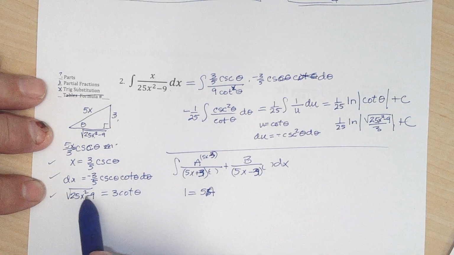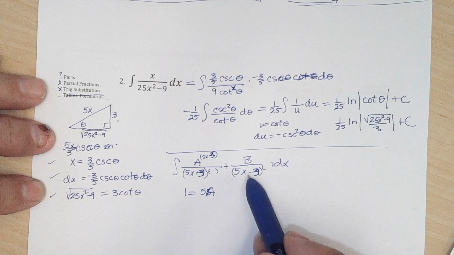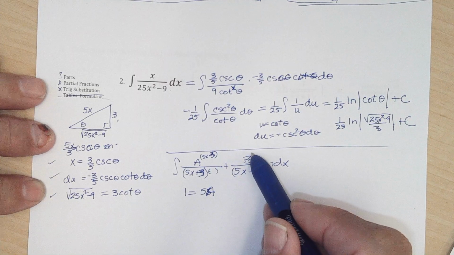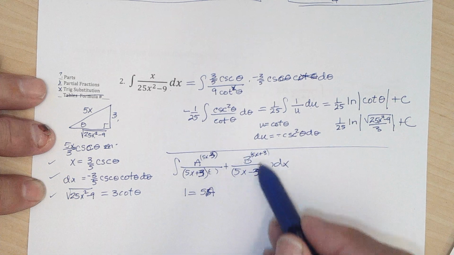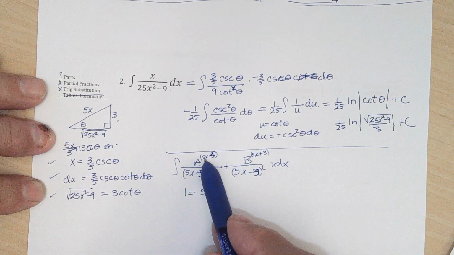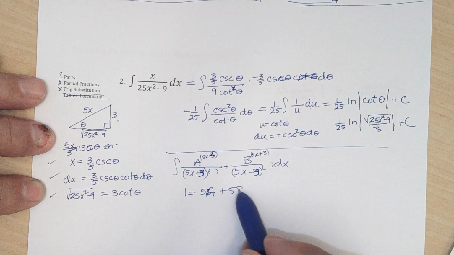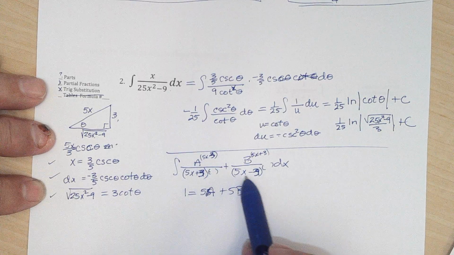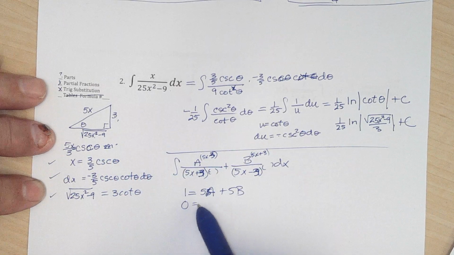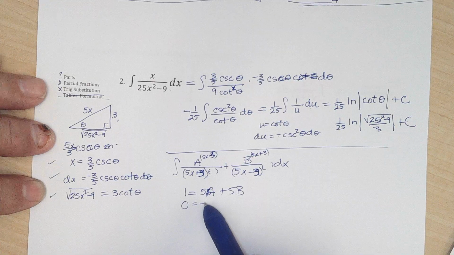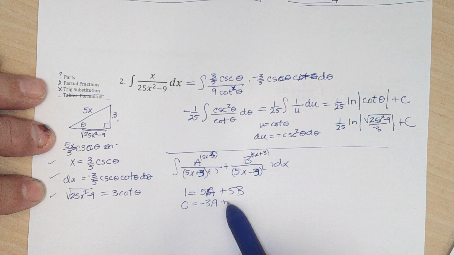Factor that, it factors 5x plus 3 and minus 3. And so this would have to be times 5x plus 3. So I'm going to get 5a's and 5b's. And for the constant, which there is none, I'm going to get minus 3a plus 3b.